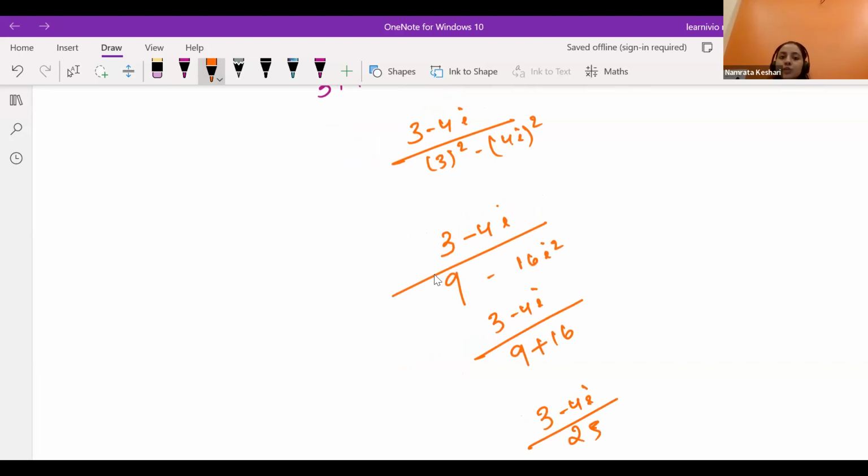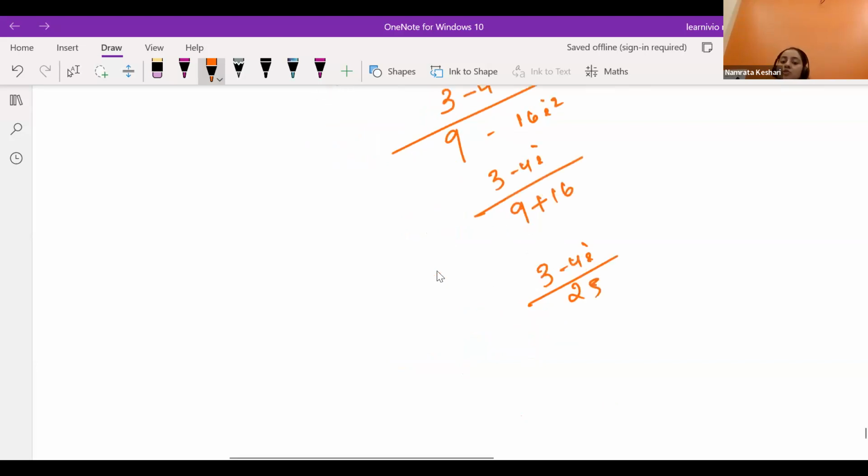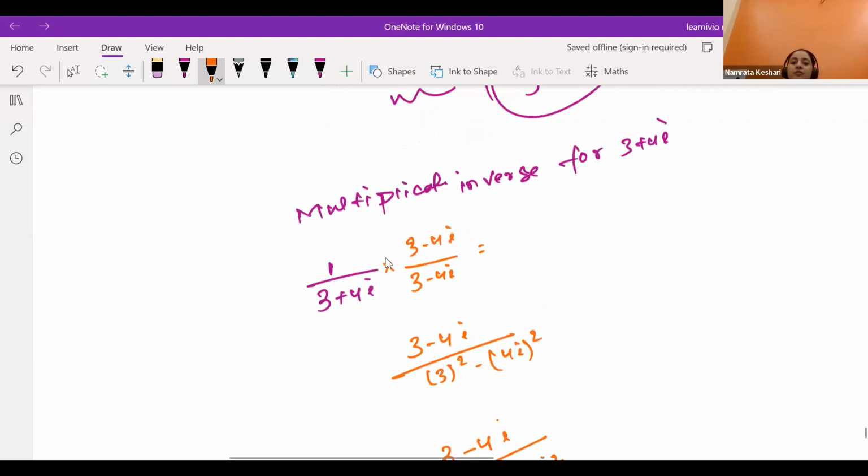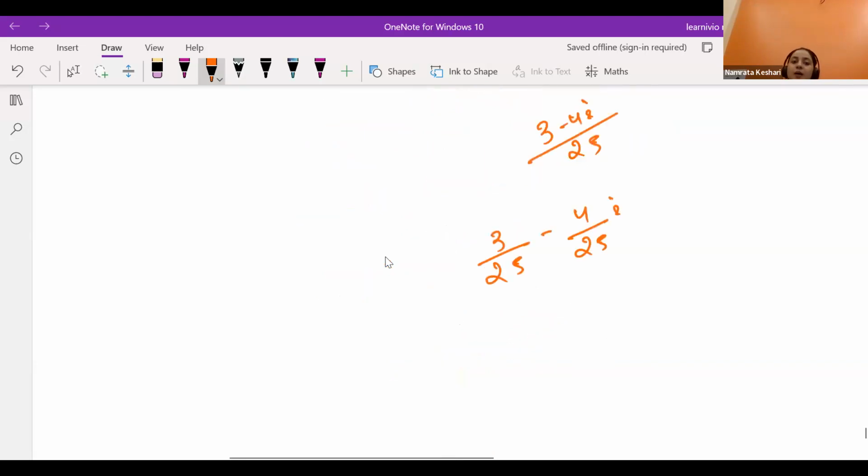Let's separate it to write it properly in the standard form. So we'll say 3 by 25 minus 4 by 25i. This is the complex number. Here the real part is 3 by 25 and the imaginary part is minus 4 by 25. So the multiplicative inverse of 3 plus 4i is this.